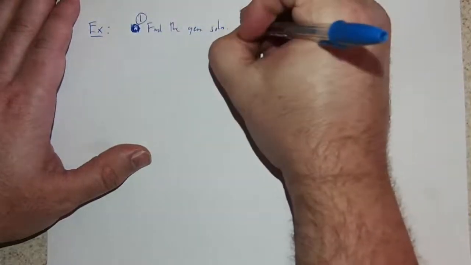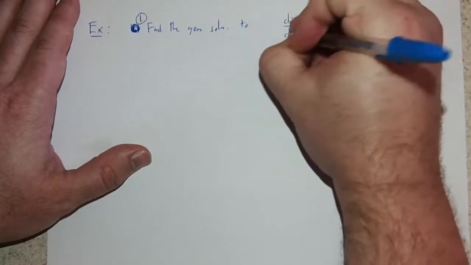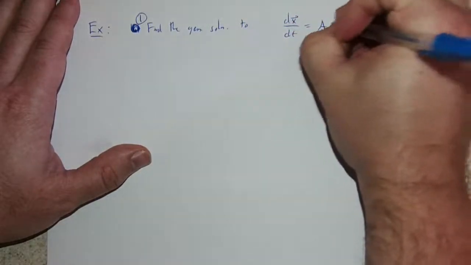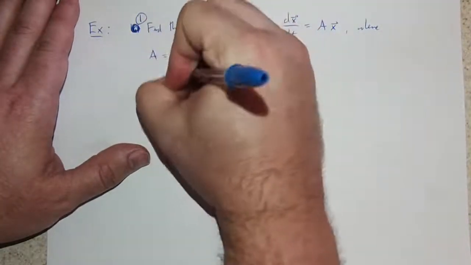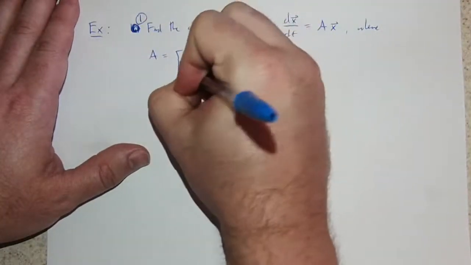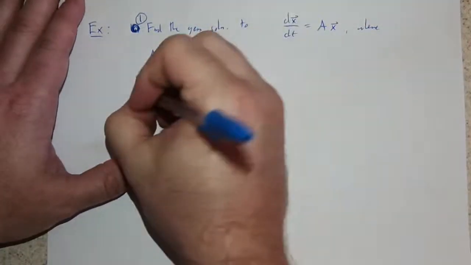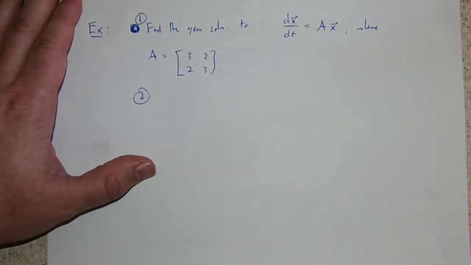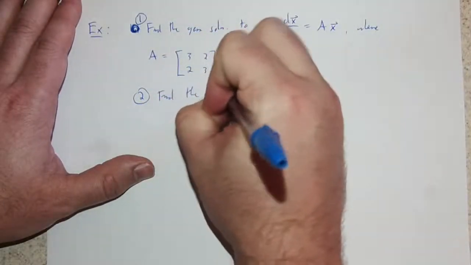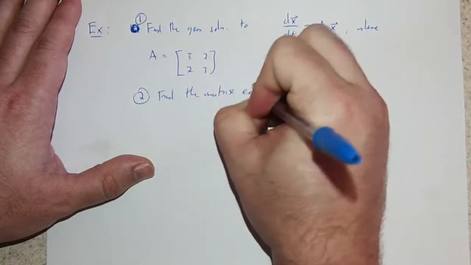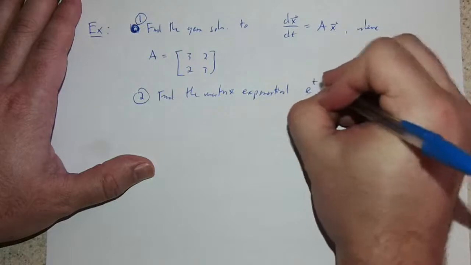Find the general solution to dx/dt equals Ax, where A is equal to [3, 2; 2, 3]. And secondly, find the matrix exponential e to the tA.